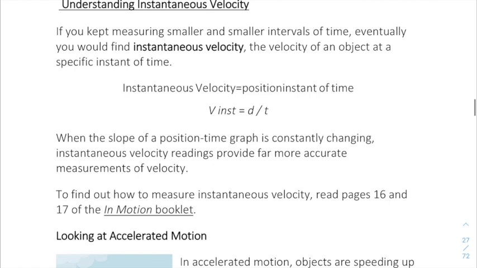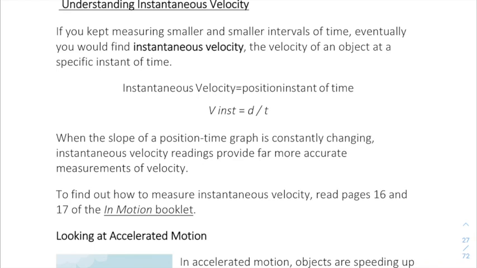In some cases, you might be interested in something called the instantaneous velocity. And so the instantaneous velocity would be the value at an instant as opposed to the value at an interval of time. So if you kept looking at smaller and smaller intervals of time, you eventually could find an instantaneous velocity, the velocity of an object at a specific instant of time.